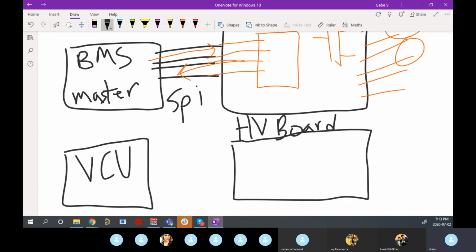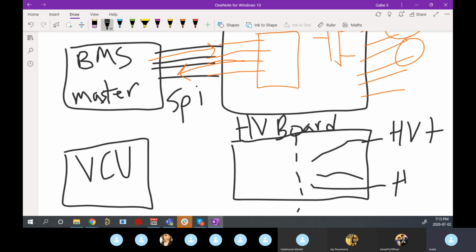There's a bunch of circuitry here, isolation, very important, high voltage. It's measuring high voltage plus and high voltage minus. And then it has a little ADC.